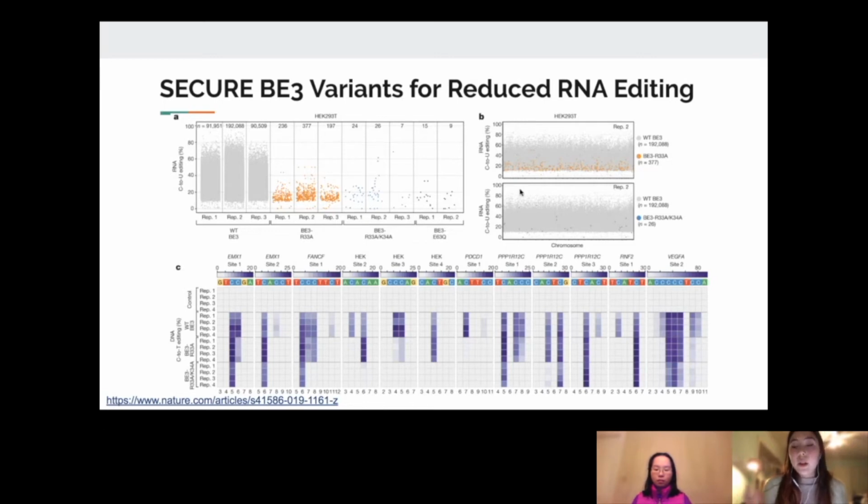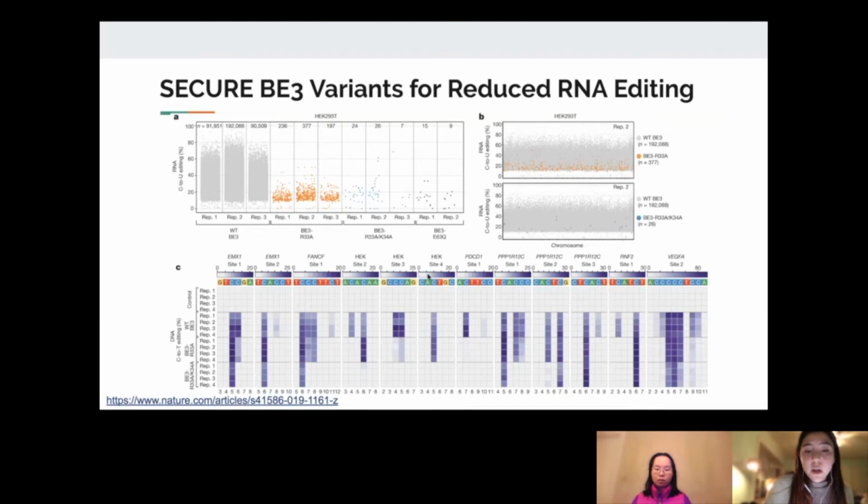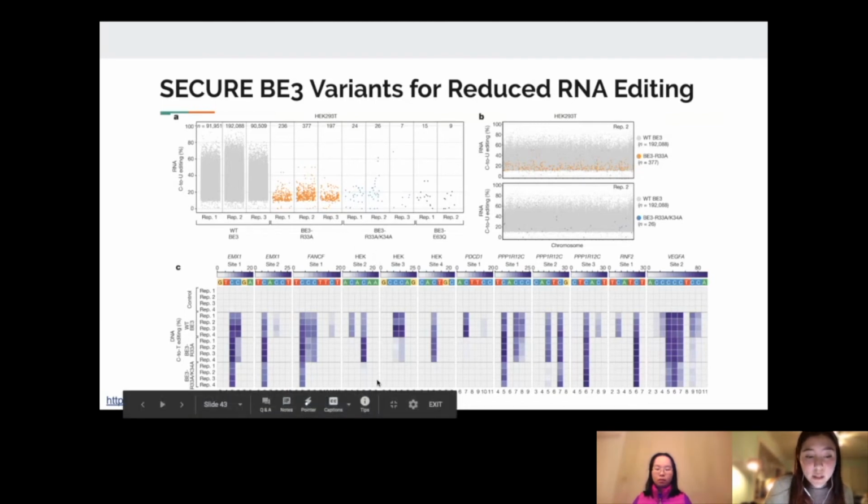As we can see in both of these charts, the number of RNA C-to-U editing across the genome is incredibly lowered. We also want to make sure that they have the same amount of efficiency when they're trying to edit DNA that's on target. So if we look down here, the targets that they decided were great were these HEK site 2 targets.